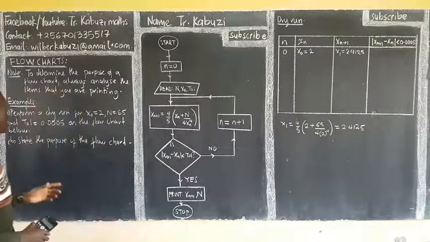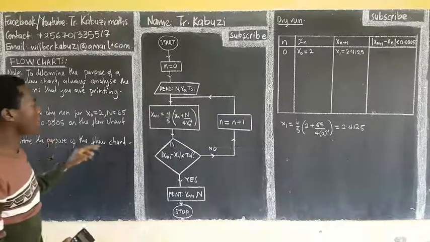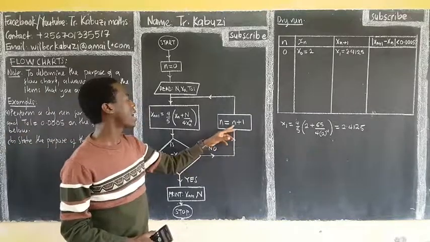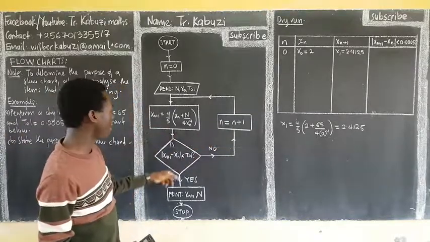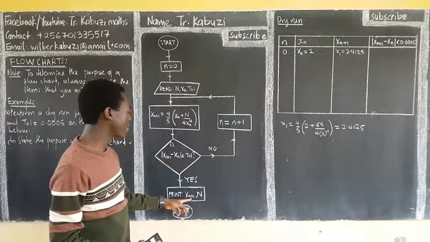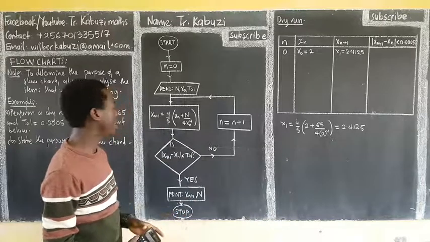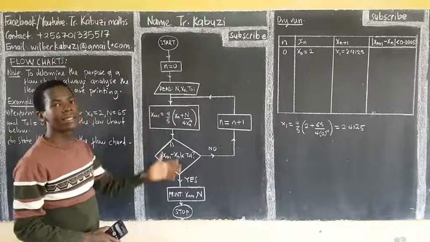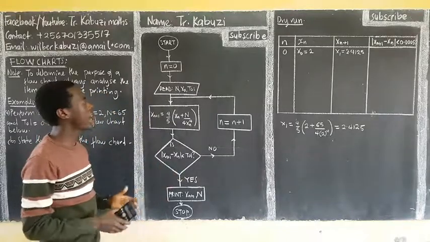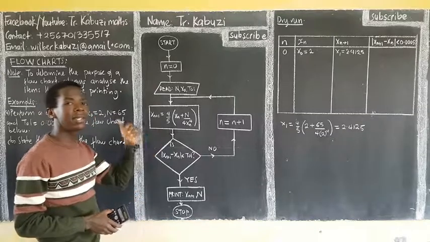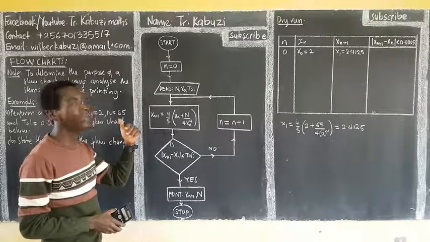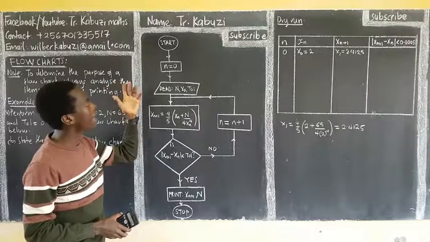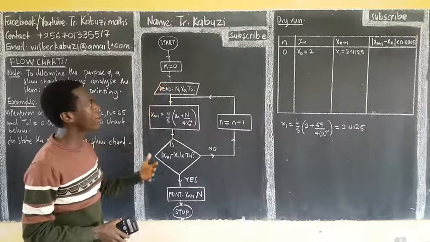Remember, our tolerance is given here. If no, you go and add 1 to n, and if yes, you print x(n+1) and then the n. Now, the idea is that this is the iterative formula we use to find roots of numbers in the numerical methods. So that's what we are going to do here.